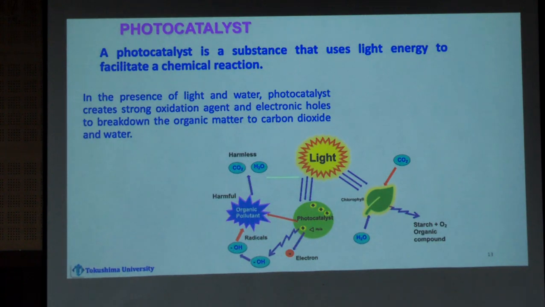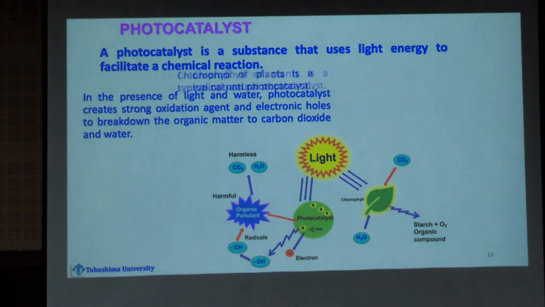When photocatalysis occurs with the help of light, you can create certain radicals, OH radical or electron. That OH radical can react with the organic pollutant, and then it can create clean H2O and CO2.